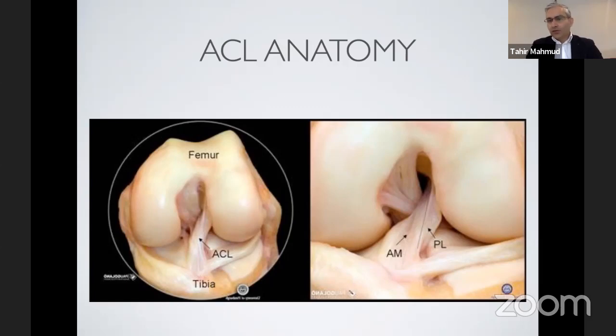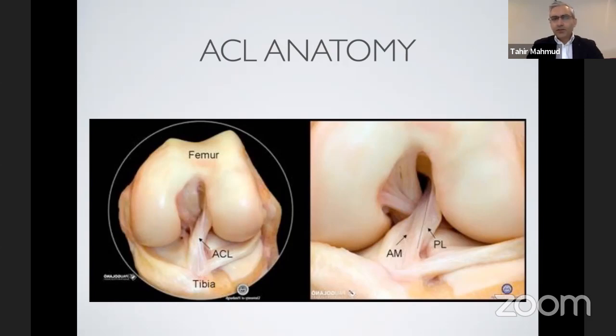The anterior medial bundle runs more front to back, and so it controls anterior posterior translation of the tibia on the femur, compared to the posterior lateral bundle, which runs a little more obliquely and contributes more to controlling internal rotation of the tibia with respect to the femur, so controlling in part the pivot shift as well.